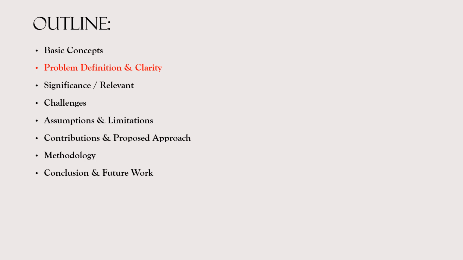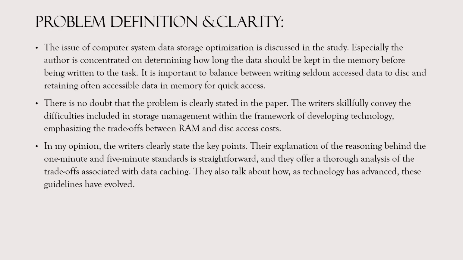And next, we are going to have a discussion on the problem definition and clarity, which is highlighted in the red mark. In this slide, we are going to discuss mainly three questions: what is the actual problem that is addressed in the research paper, is it clearly stated in the paper.